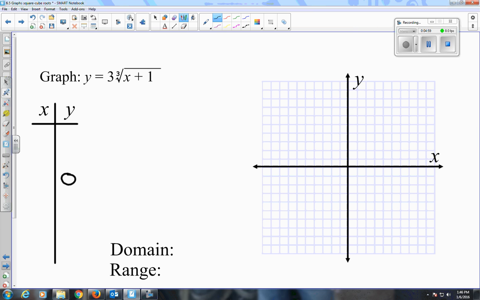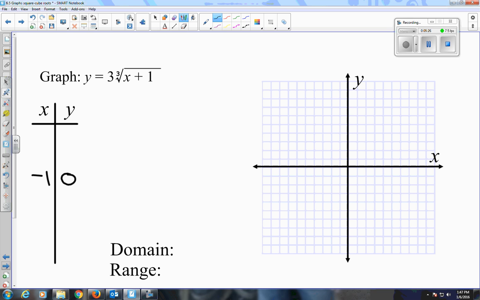So what would I have to pick x to be to make that 0? I have to pick negative 1. So I've got the point negative 1, 0, and that's going to be the center part of that parent function. It moved. What's the 3 going to do to it, guys? It's going to stretch it. It's going to be a pretty good stretch.